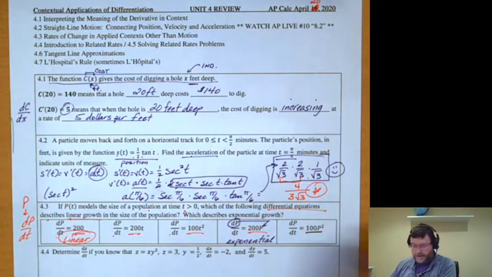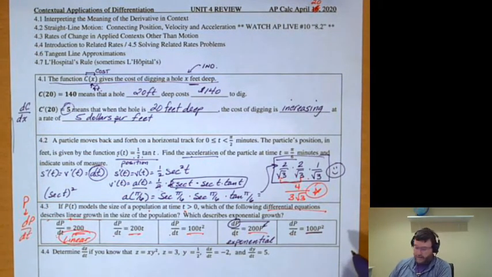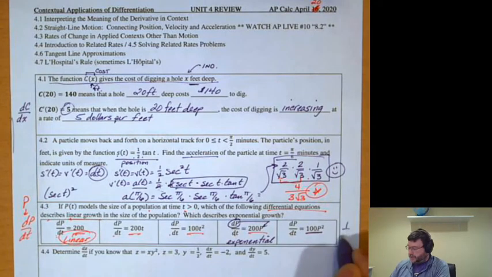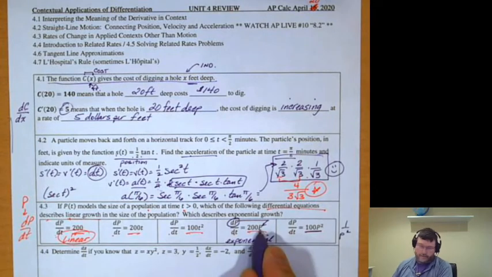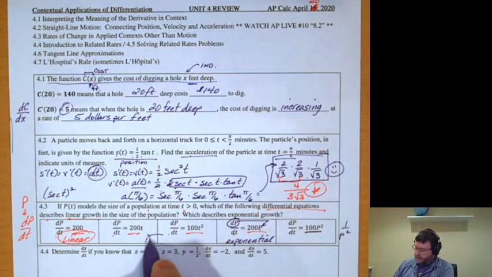This one has a P squared. It's not exponential because when you divide it over, you're going to take the antiderivative of 1 over P squared, which you can take. It's not the natural log of anything. This one's going to be the natural log. These two are going to be polynomials. Okay.